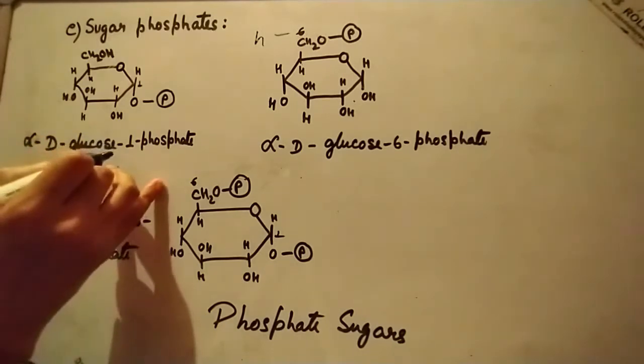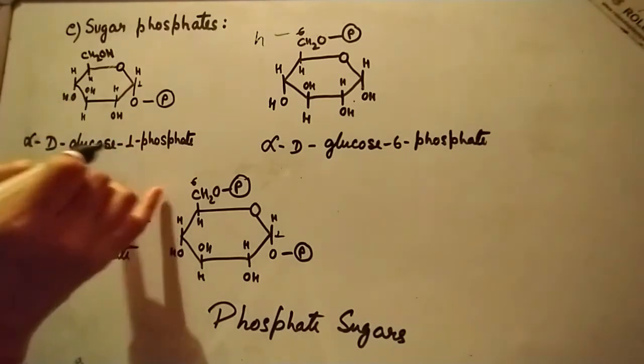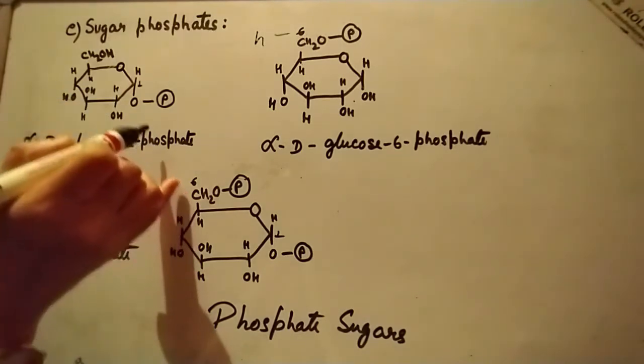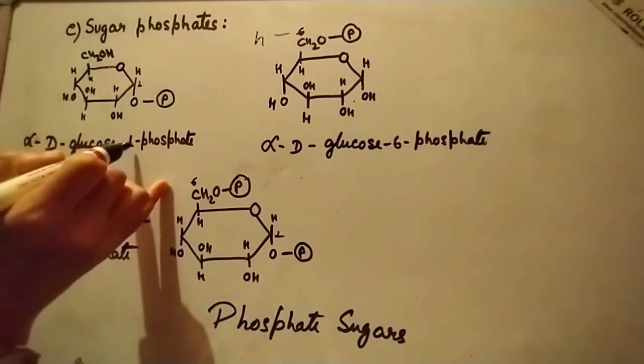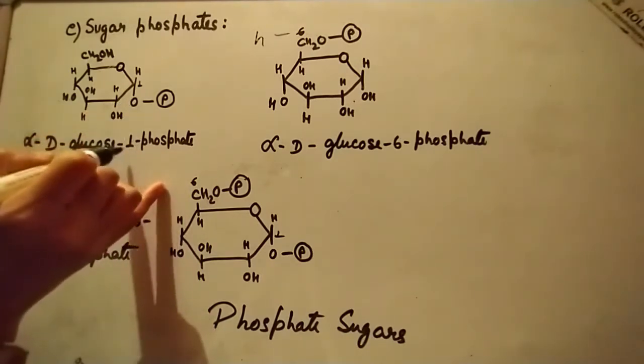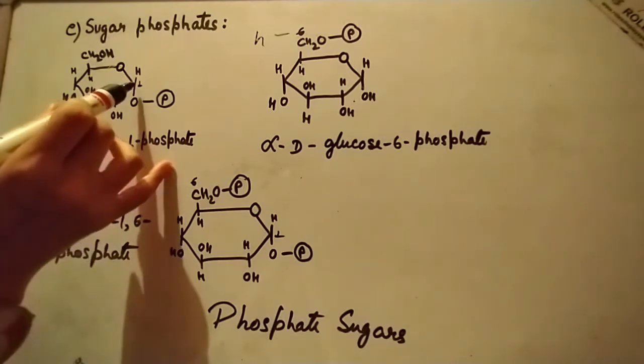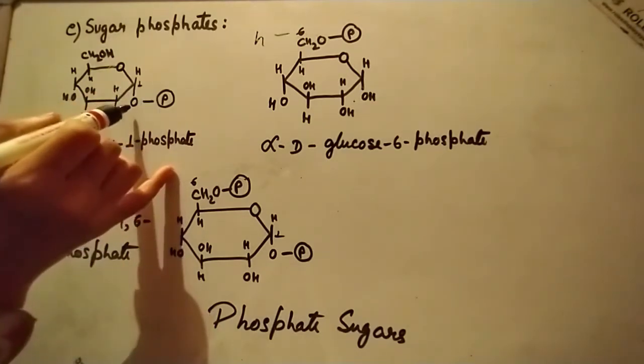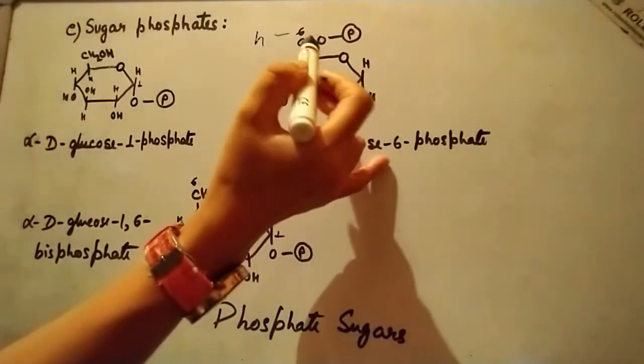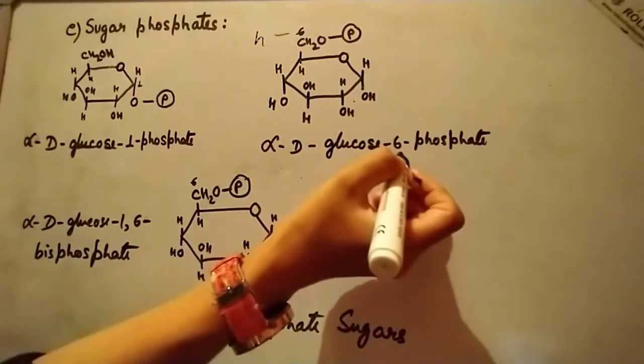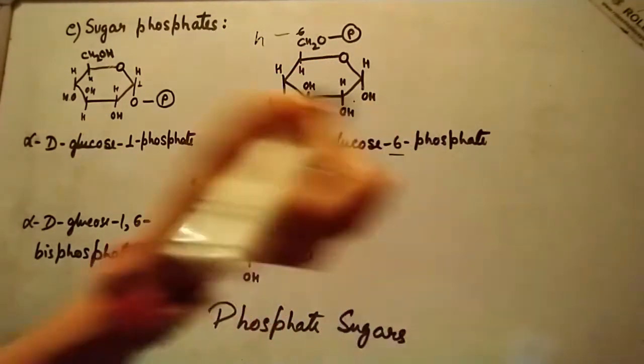So you can see here that in glucose 1-phosphate, the 1 indicates the carbon number, carbon atom number 1, which gets phosphorylated, whereas in this case carbon number 6 gets phosphorylated. So here we have glucose 6-phosphate.